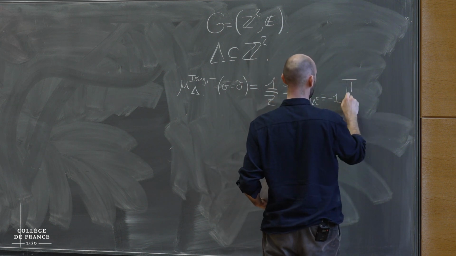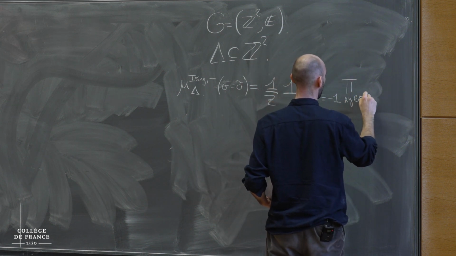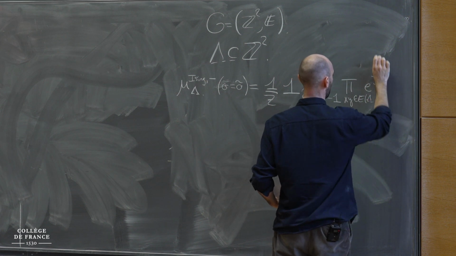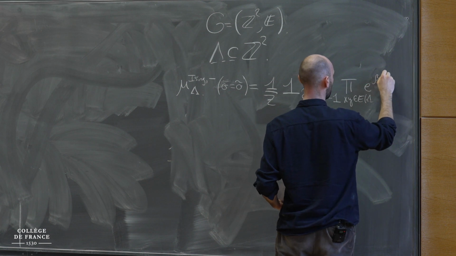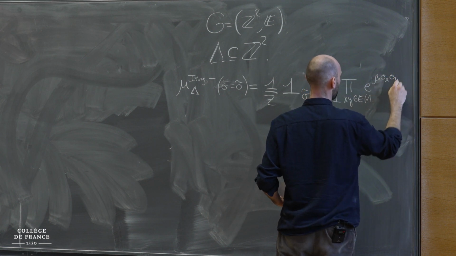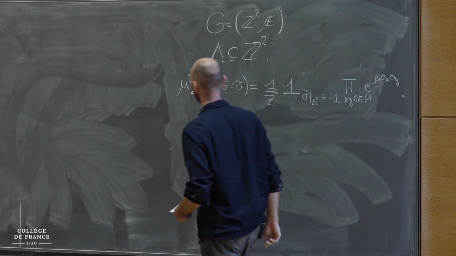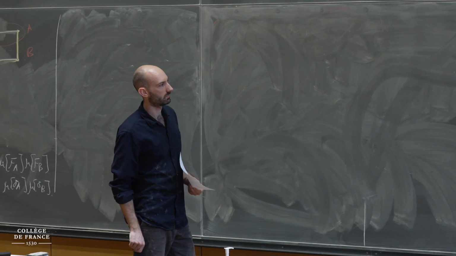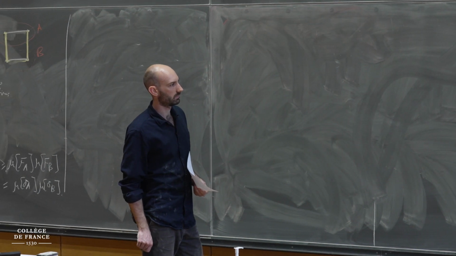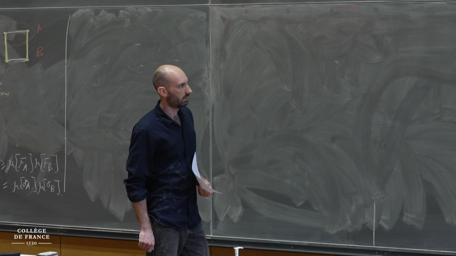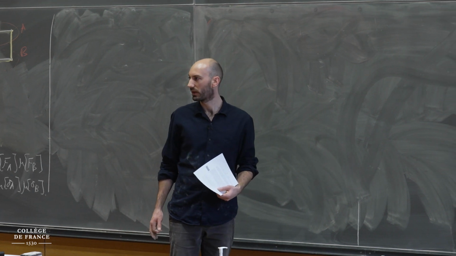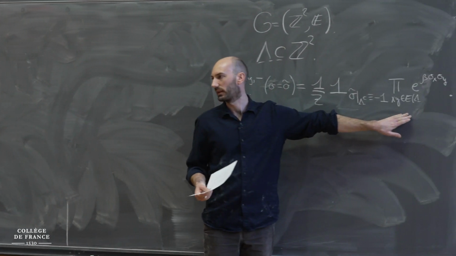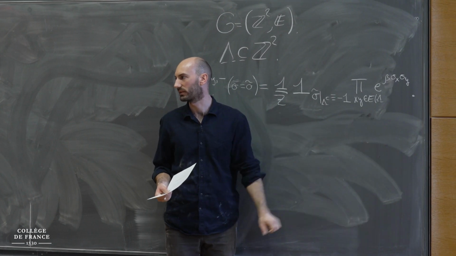And then we have the product over the edges of E, let's just call it beta in this case, of exp(beta sigma_x sigma_y). So again, this measure satisfies the FKG inequality because it's composed of factors which separately satisfy the FKG lattice condition.